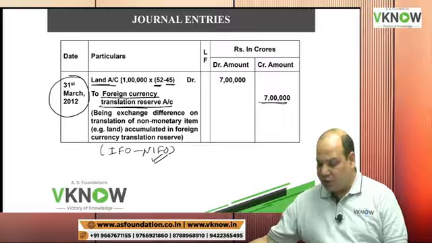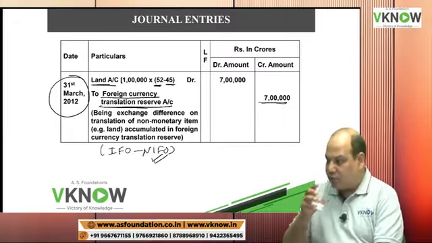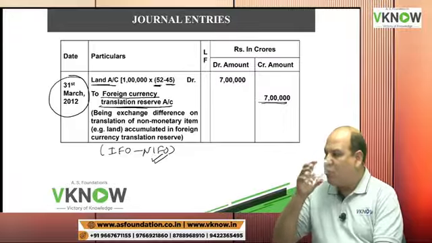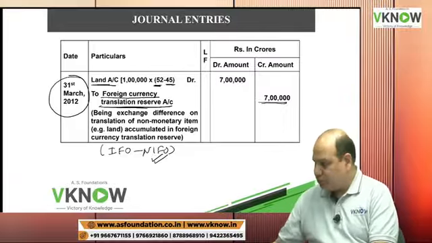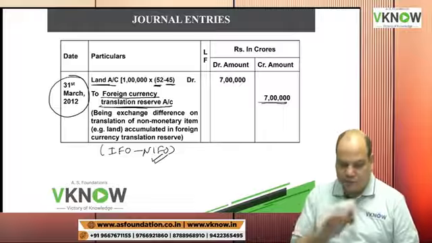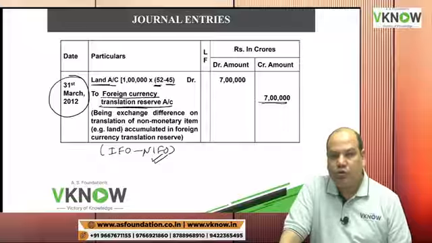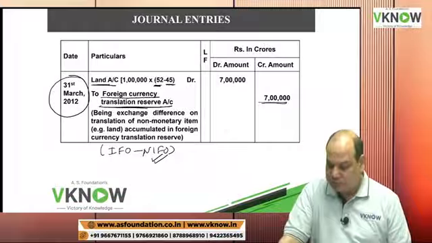So please write down the entry with calculation: land account debit, to FCTR, foreign currency translation reserve, 7 lakh.